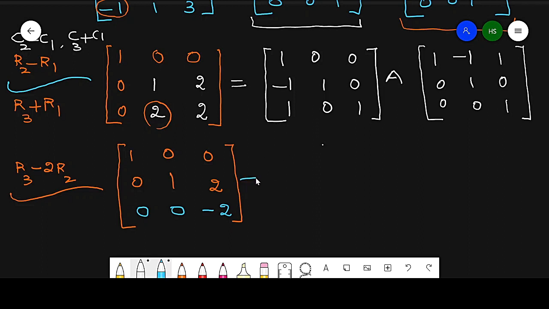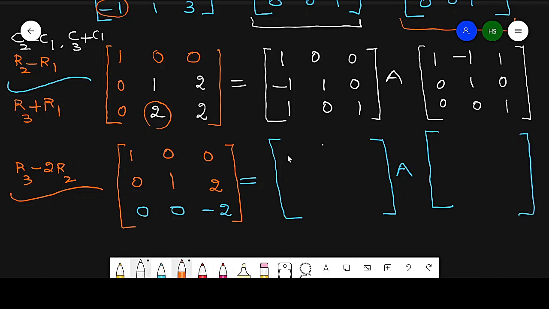Now the row operation is applicable to the first matrix as well, so I will operate here. First 1, 0, 0, minus 1, 1 and 0, no problem. Now here it is R3 minus 2R2. So minus 2, this is a 3, so minus 2, 0 minus 2, right?